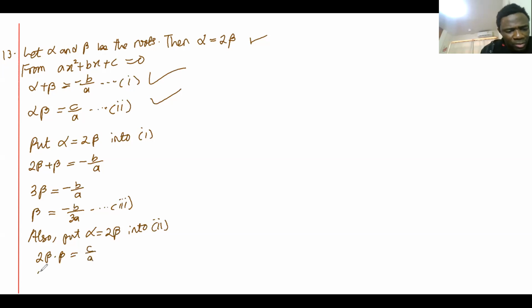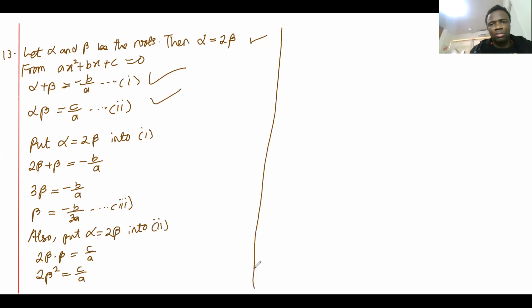Understood that? So 2 beta squared equals c over a. And that means that beta squared equals c over 2a. Okay, so this is 4, all right?